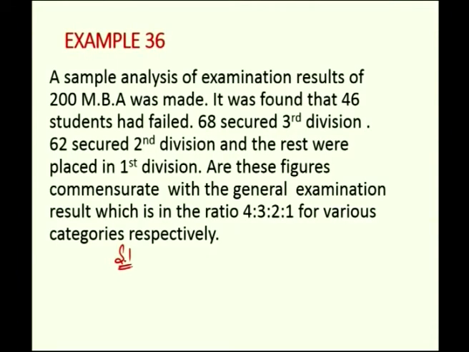Okay. Step 1, the solution starts. Writing mathematically is easier, H naught: summation OI is equal to summation EI, but the mathematical expression of H naught alone is not enough, because you have to answer the question asked, whether the figures are commensurate with the general examination result.